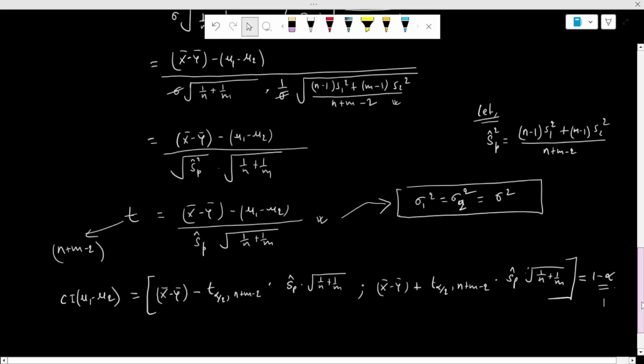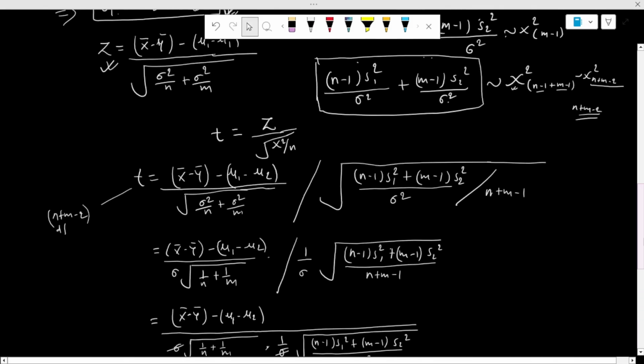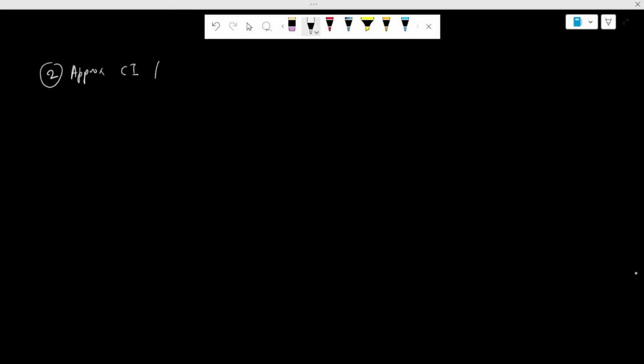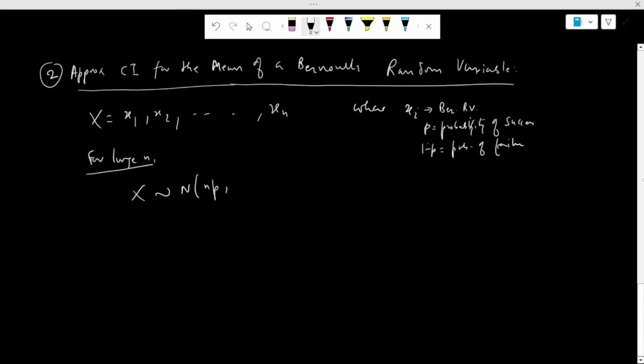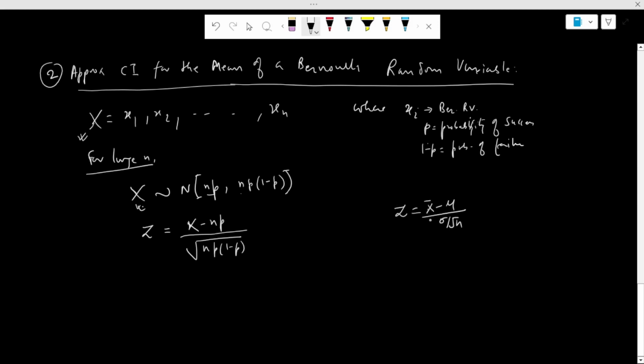Now let us see if we have committed any kind of mistake. A random variable x represents n number of Bernoulli random variables. Then for large n, this is approximately normally distributed with mean np and variance np(1 minus p). So its z-score is given by, if we compare it with this, z is equal to, where x bar is the sample mean.